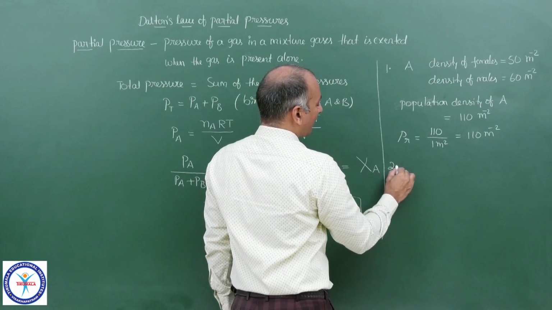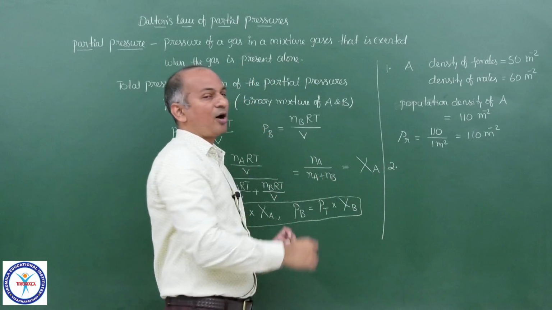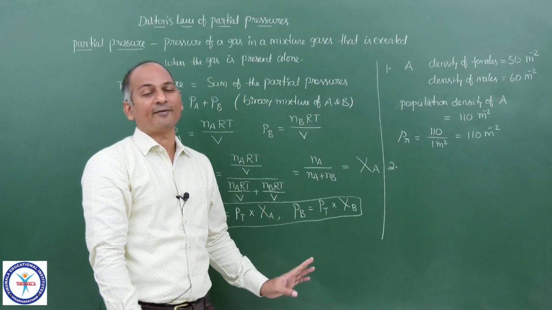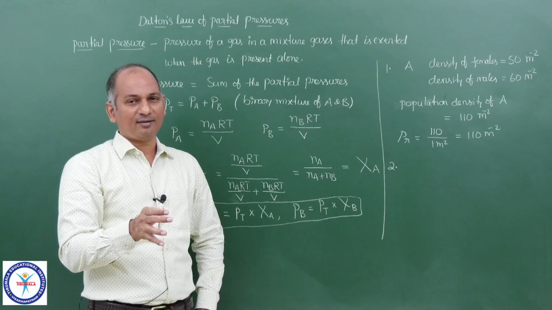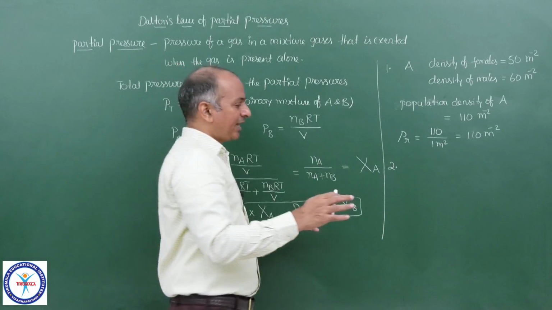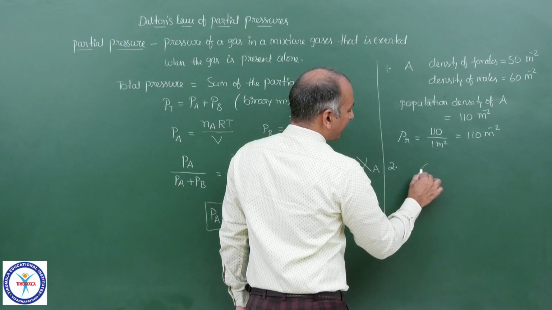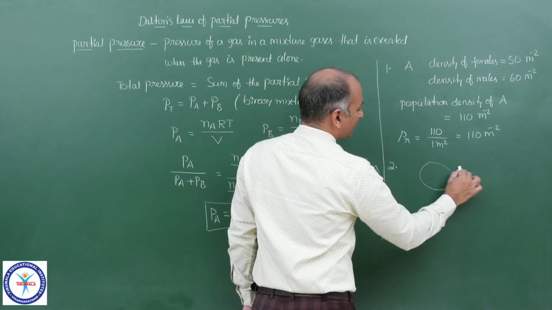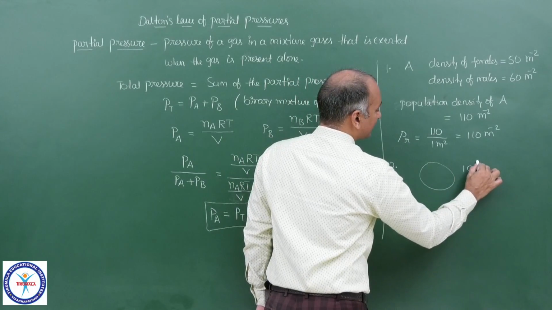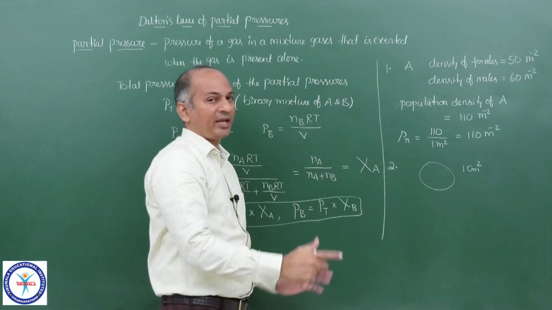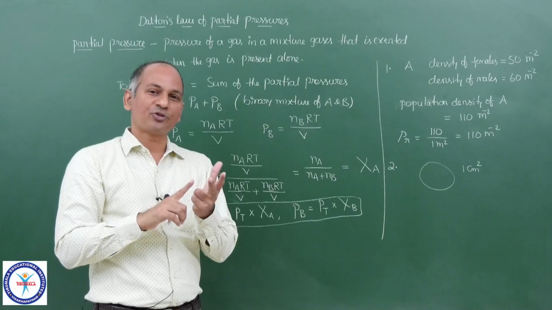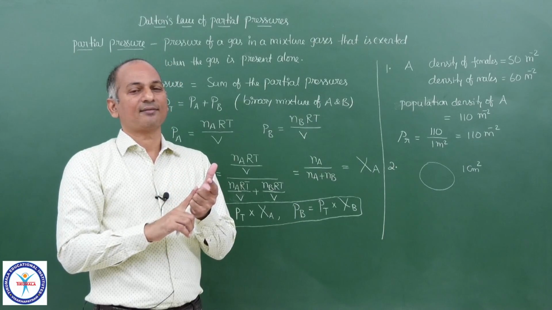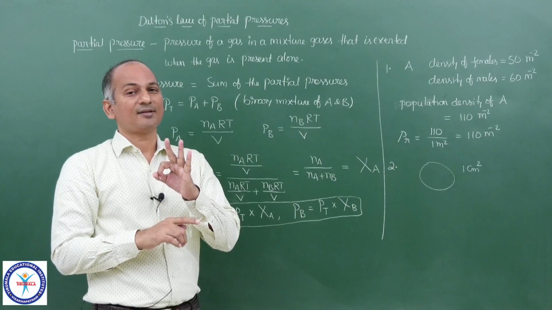Now if you apply the same thing to the pressure, how can you add pressure here? Listen to me very carefully. What is pressure basically? Force per unit area. So now suppose in a vessel you just demarcate a particular area, suppose 1 centimeter square area. In that vessel oxygen is there, nitrogen is there, carbon dioxide is there, a mixture of gases.